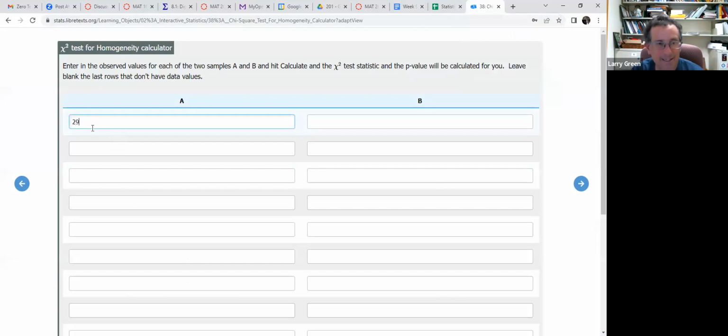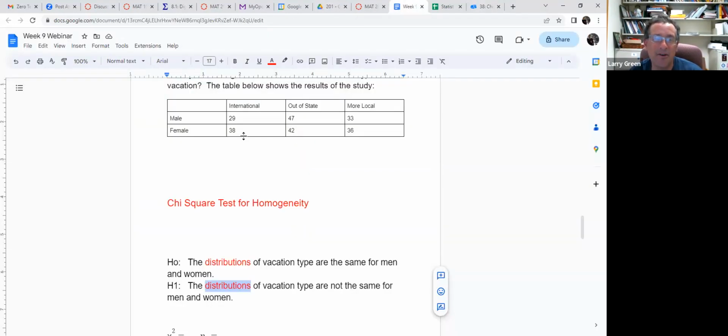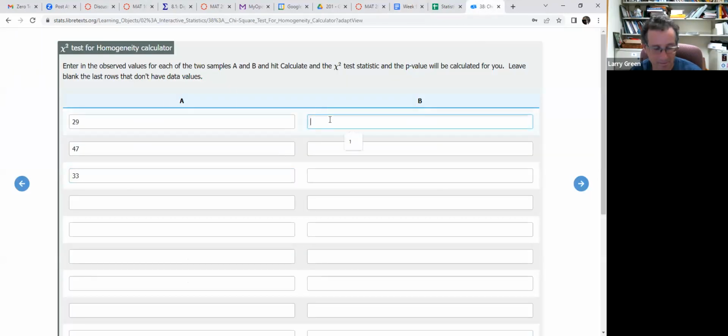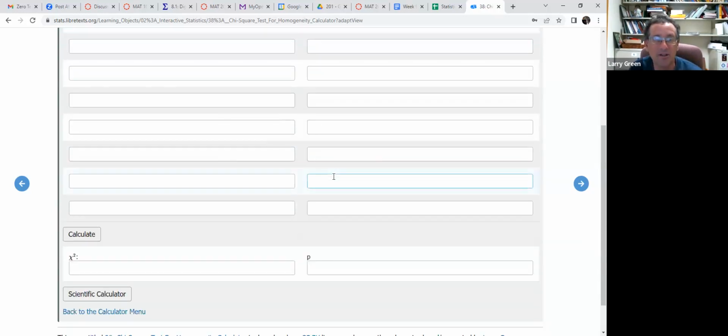And then we had 38, 42, 36. Any questions on entering the data in? Okay, then you just scroll, hit calculate. And there we go.